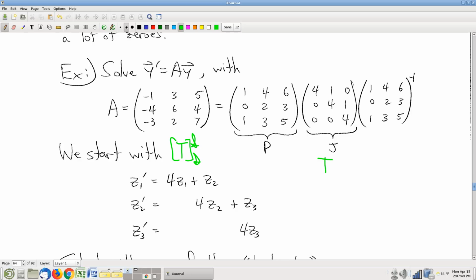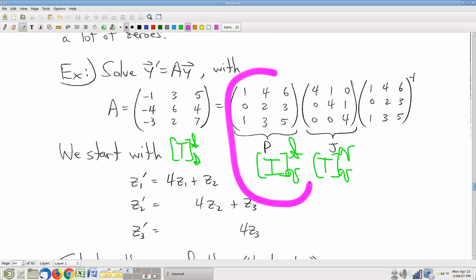Here we're representing the transformation with respect to our Jordan basis. That means that this matrix has to be the change of basis from V to S. Therefore, that matrix has to be the matrix whose columns are our Jordan basis vectors. That means that this is our Jordan basis.